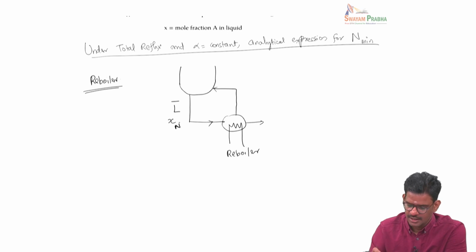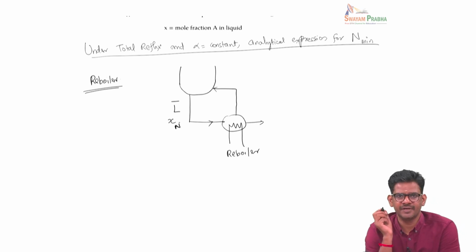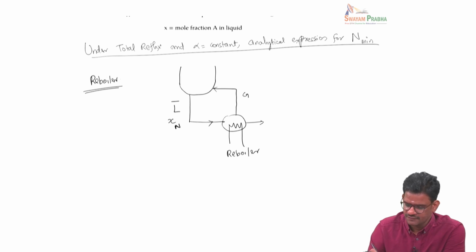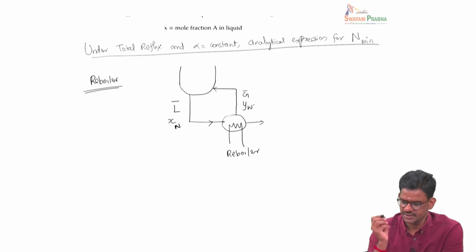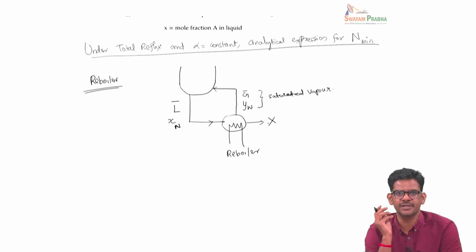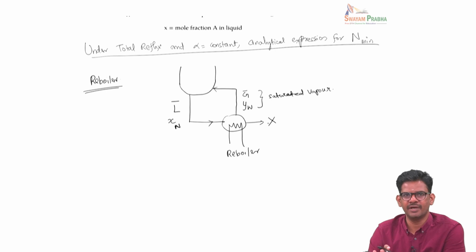This entire liquid L bar is vaporized in the reboiler, because the reboiler is also operating under total reflux conditions. So this gas flow rate is G bar, and the composition of this vapor is YW, and this is a saturated vapor. Here we are not withdrawing any residue. All the liquid is vaporized in the reboiler and sent back.